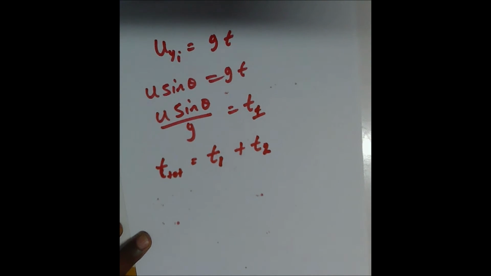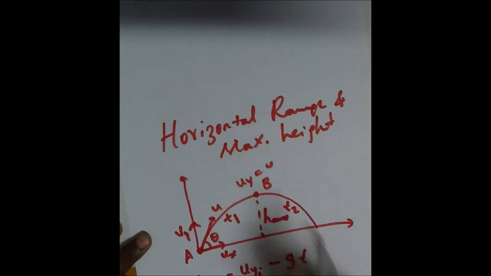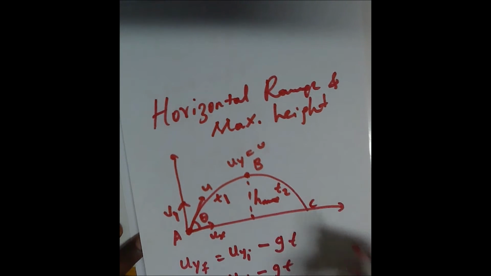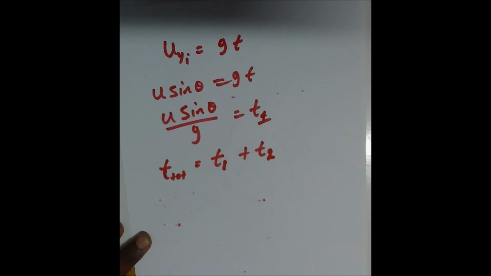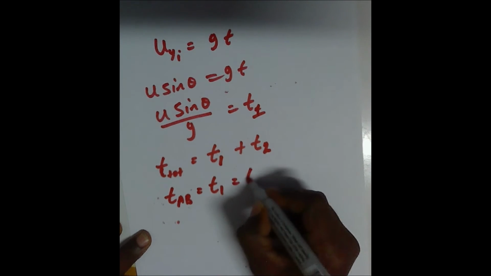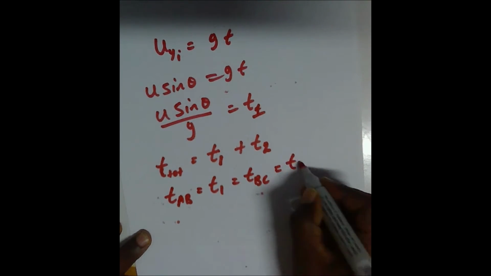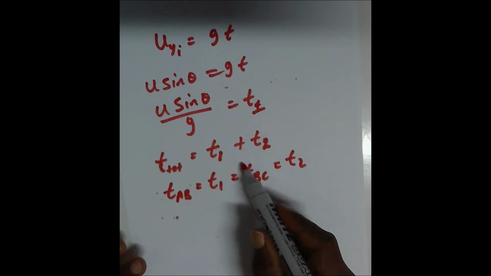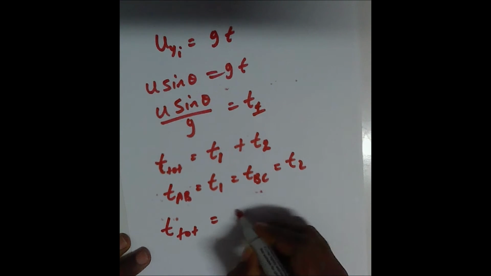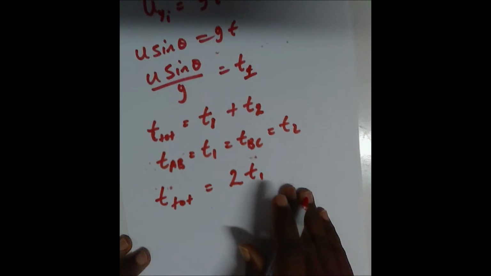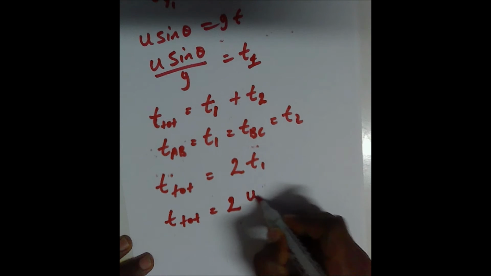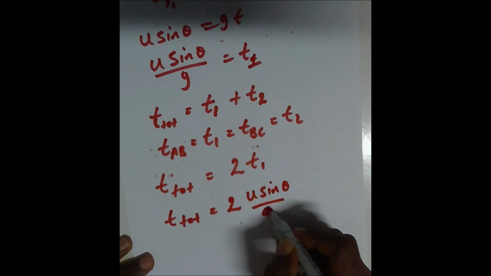The time from A to B is equal to the time from B to C. Therefore, since t1 and t2 are equal, the total time can be written as 2 times t1, which is 2 u sine theta over g.